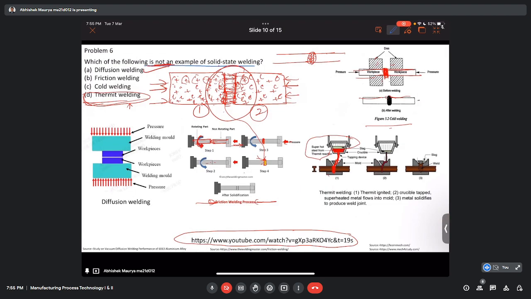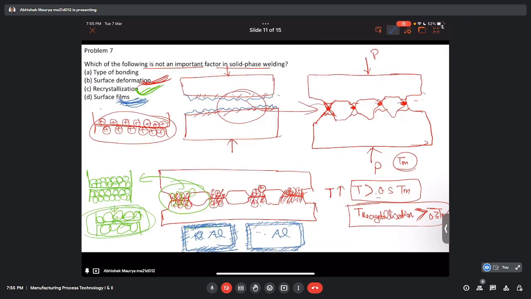So now coming to the type of bonding, that has nothing to do with the solid state welding process. We know that if we want to join two metals, they can be joined only with the help of metallurgical bonding. So that cannot be changed, and we cannot control the type of bonding.